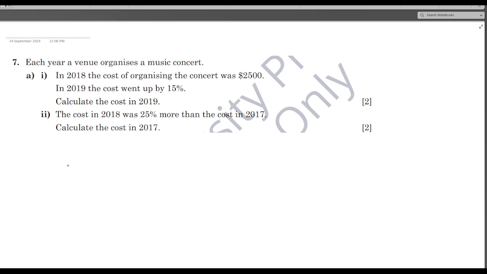Okay, very simple question. So 2,500 was the original cost. Now it increases by 15%. So your new cost in 2019 will be 2,500 times 1.15, I can say. So 2875.